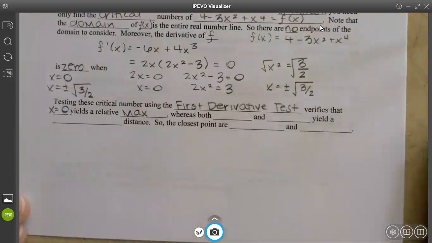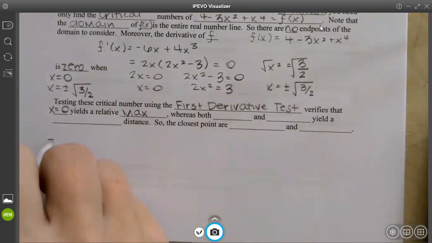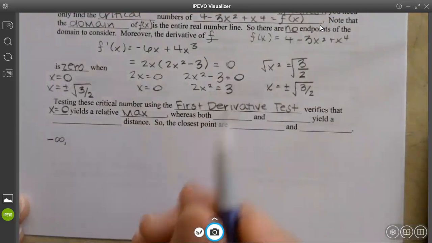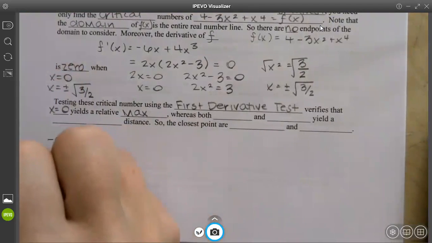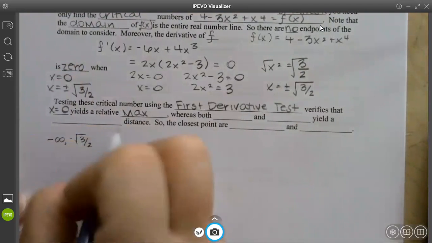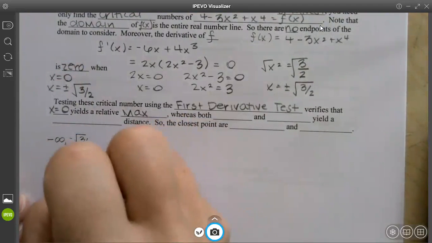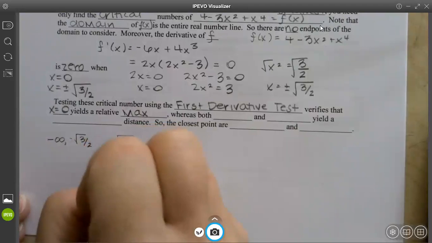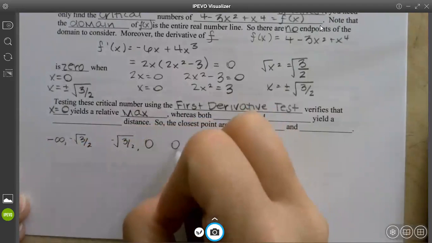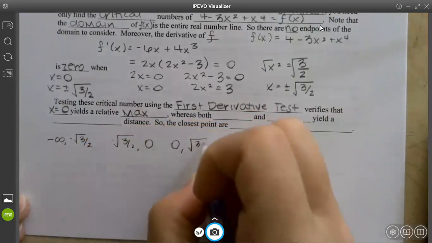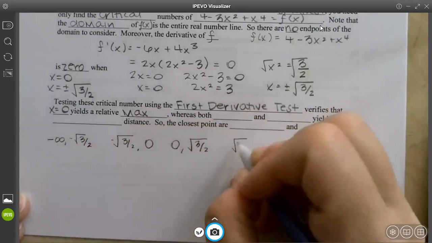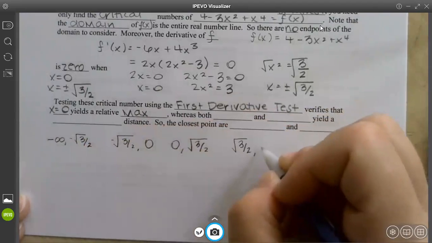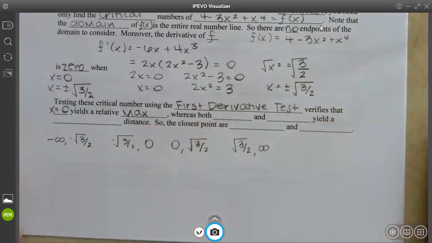Okay, so let's look at that really quick. So negative infinity to, what's our first one out of this? Okay, your next one is negative square root of 3 over 2 to 0, 0 to square root of 3 over 2, and then square root of 3 over 2 to infinity.